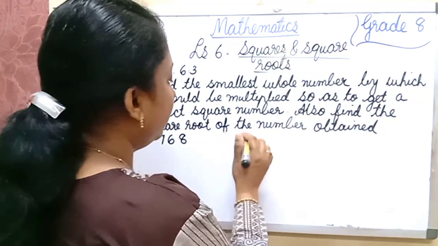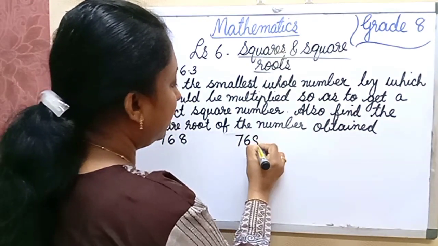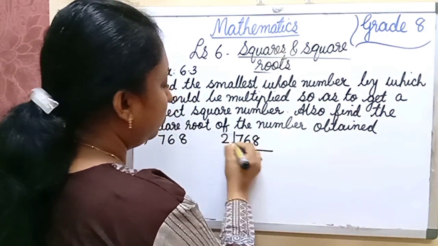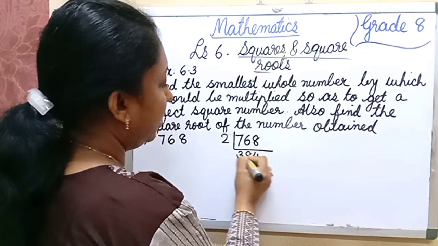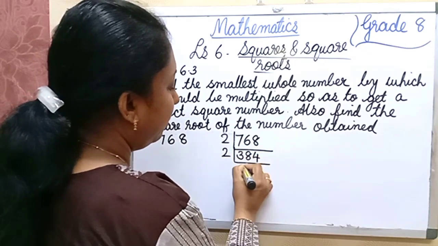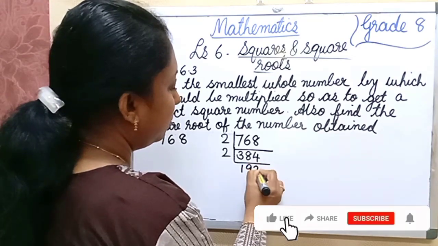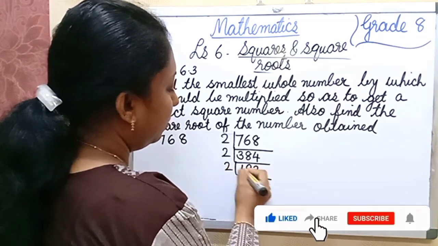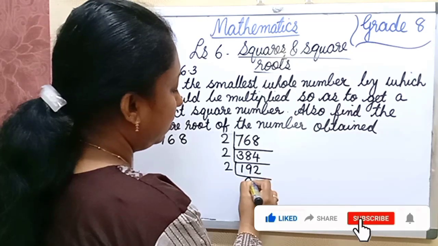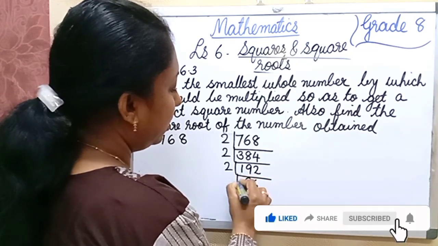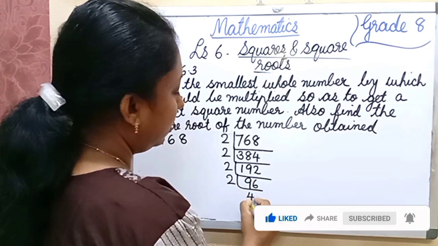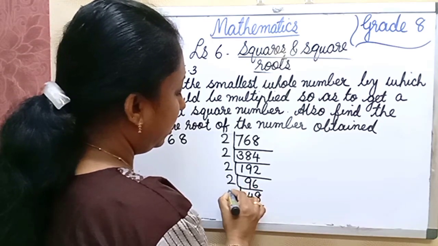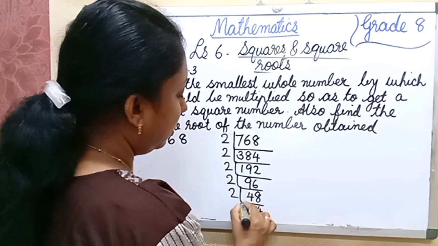768. First you have to factorize 768. Divide by 2: 384. Again 2: 192. Again 2: 96. Again 2: 48. Again 2: 24.